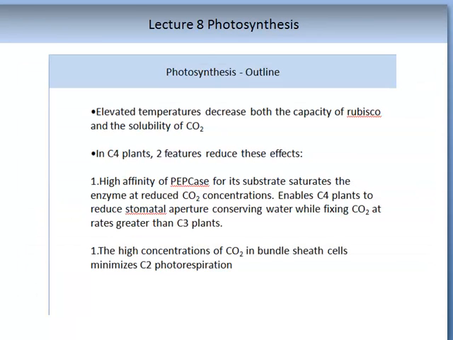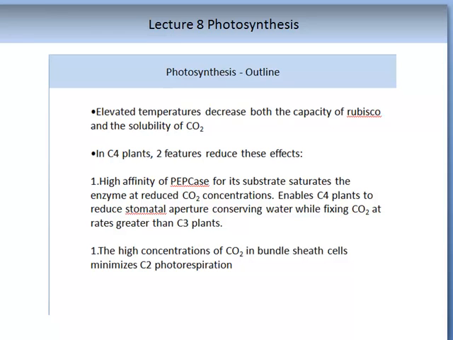So to bring everything together on C4 carbon metabolism, elevated temperature decreases both the capacity of Rubisco and the solubility of carbon dioxide. C4 plants have adapted two features to reduce these effects. One is a high affinity of PEPCase for its substrate, which saturates the enzyme at reduced CO2 concentrations.